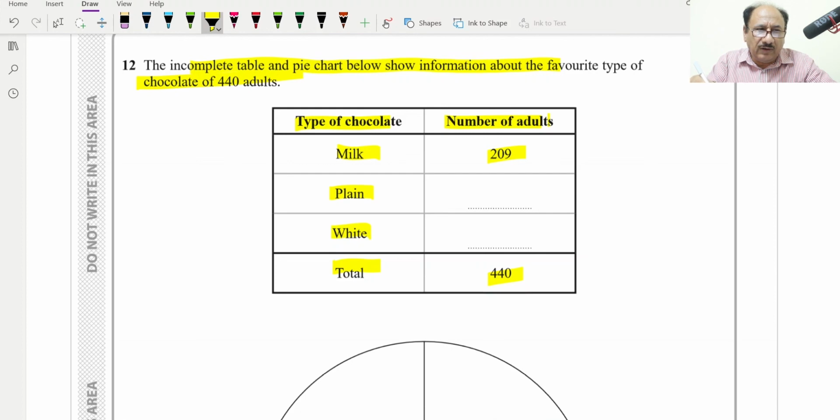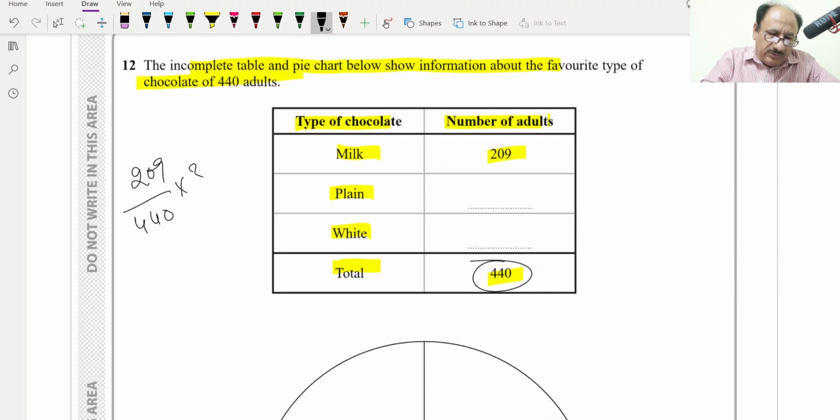So we have to check for 209, how much will be the angle for this one. We can calculate 209 divided by this total, which is 440, and multiply by 360, and this will give us the angle.